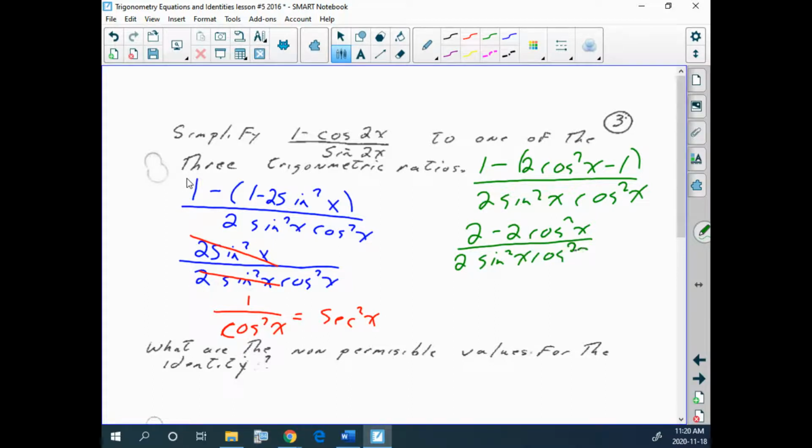Now, we are not able to cross things off. As Mrs. Lowry states, that guy's glued. They're glued together. Can't cross anything off. Now, what I can do, I can see that I have a common factor of 2 in that top. And we know that this is sine squared.